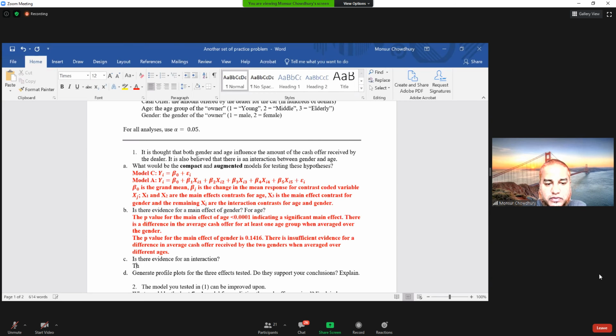So what is the p-value for the interaction effect? 0.3597, indicating an insignificant interaction effect.